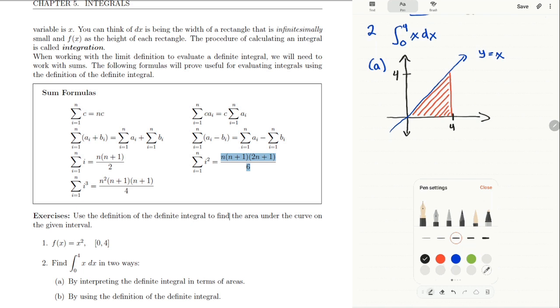And so the area that we're interested in is going to be the area of this triangle.